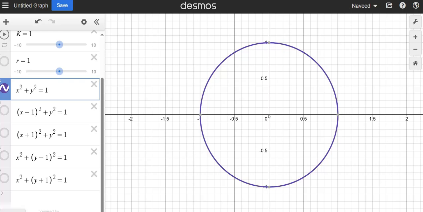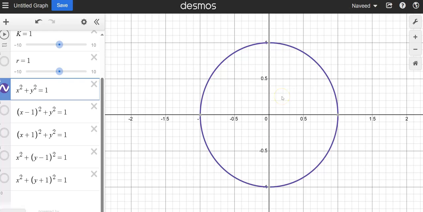We call it the center of the circle. And that distance, or that length between the center and all the points on the circumference of the circle, we call that distance the radius, or radii for many of them.